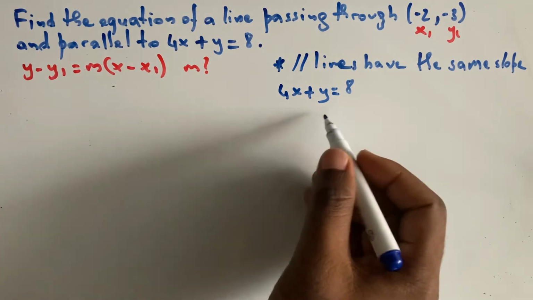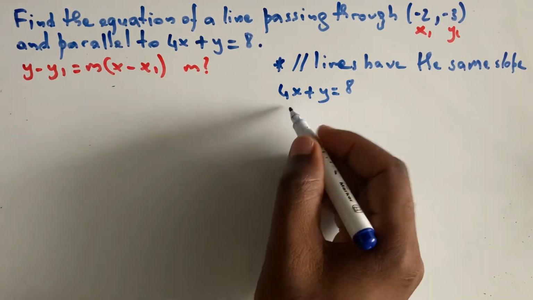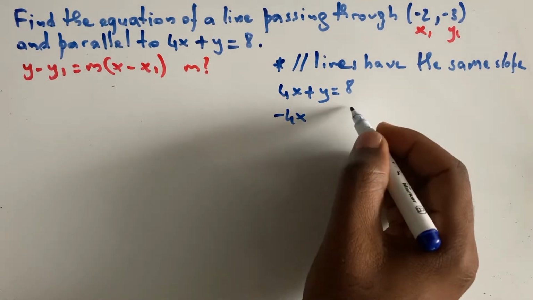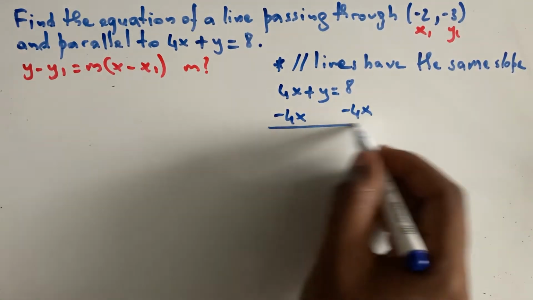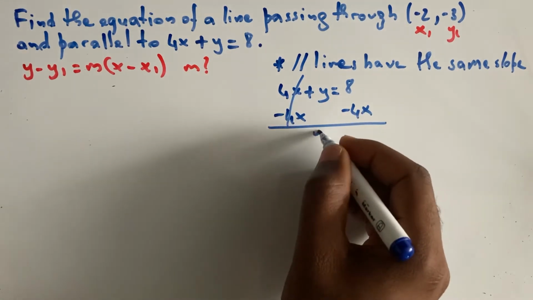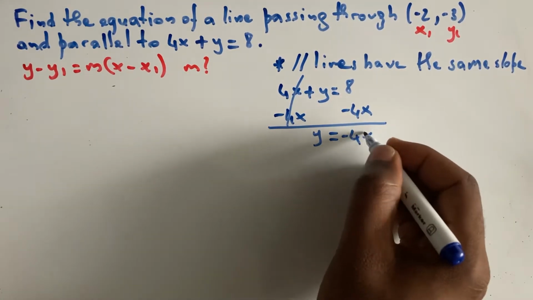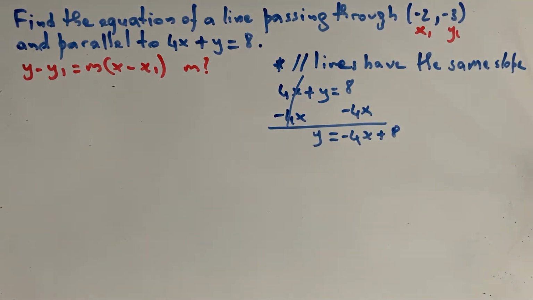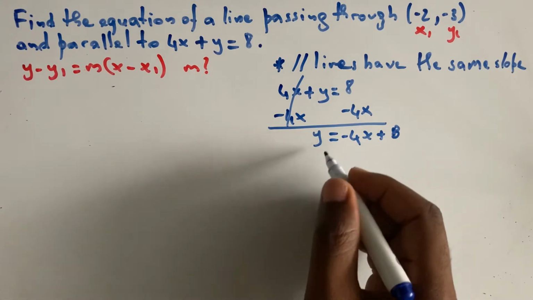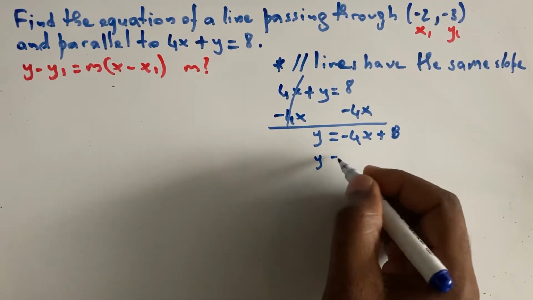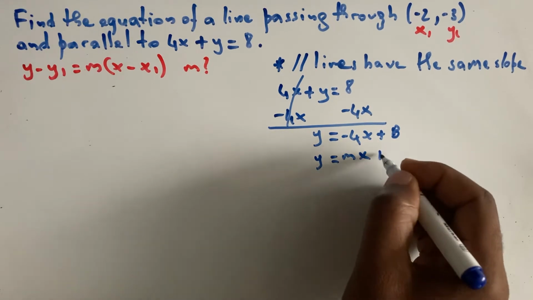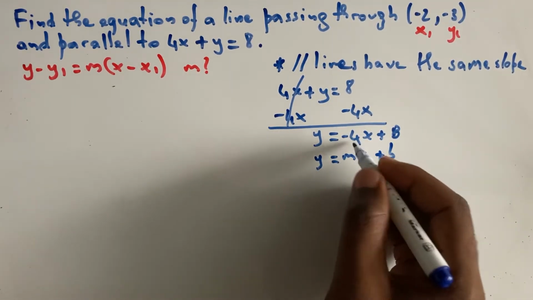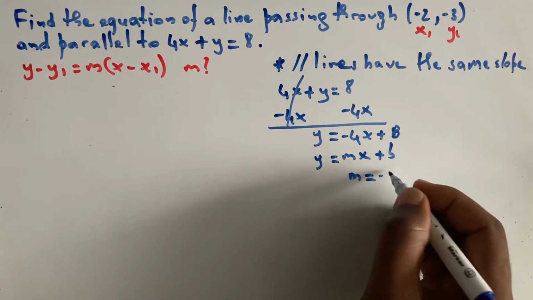This is pretty easy, because if we subtract 4x from both sides, we have negative 4x plus 8. This is like y equals mx plus b, so the m right here is negative 4, which is the slope.